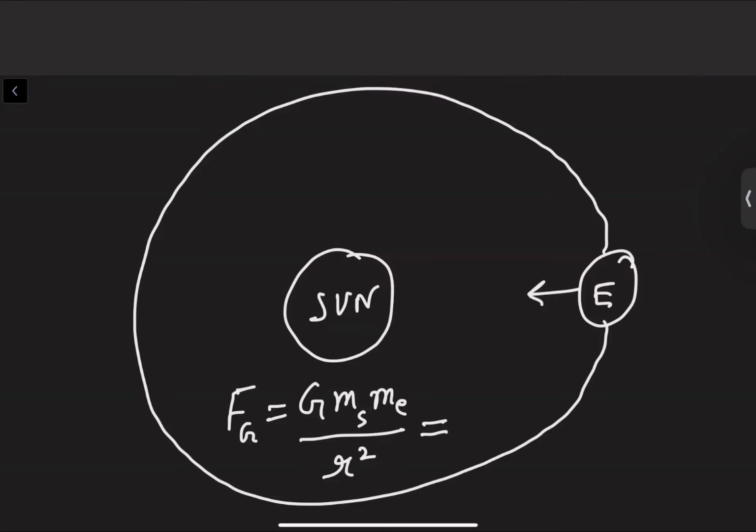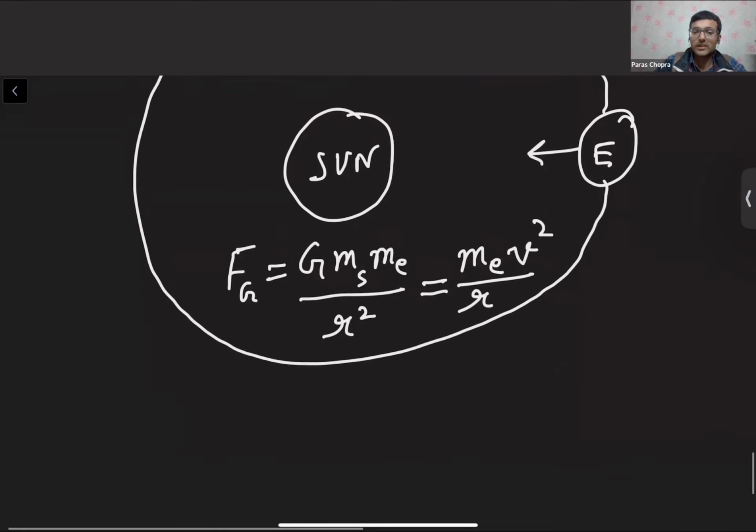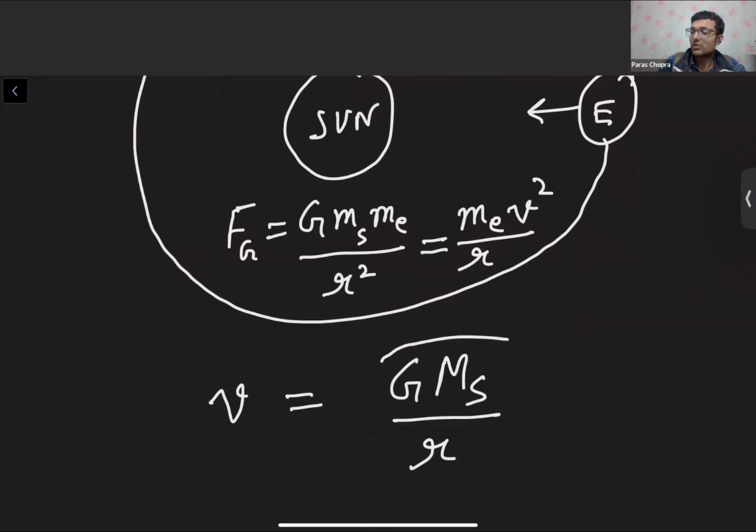So we can say this will be equal to mass of earth times v square upon r. So using this equation, we can calculate the velocity of the earth while going around the sun. So v square will turn out to be G mass of sun divided by r. And therefore the velocity of the earth around the sun will be given by square root of G Ms upon r.